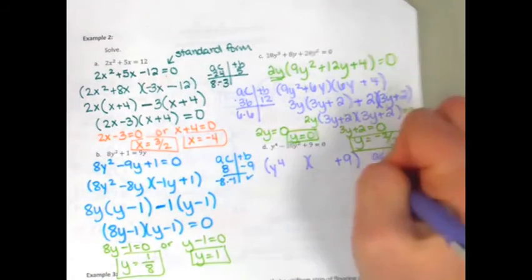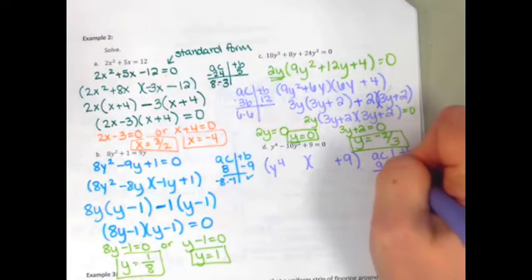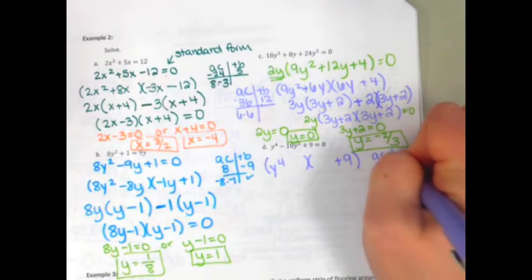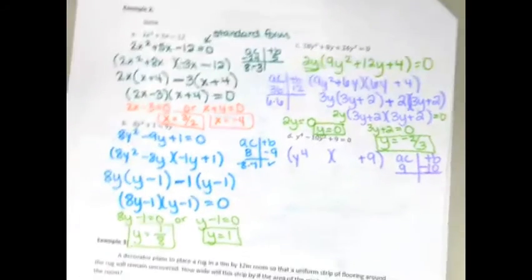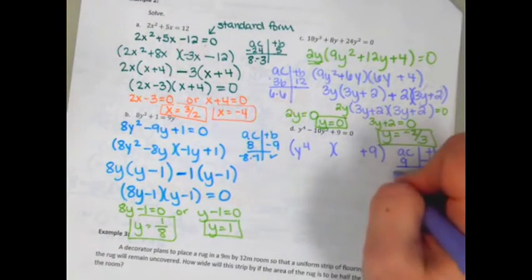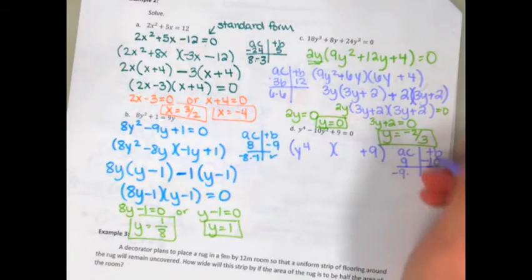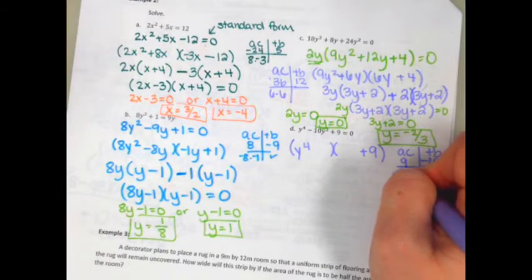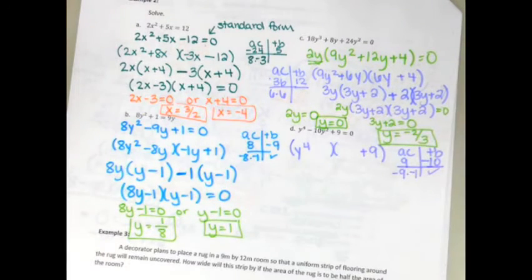A times c is 9, and what's my b? Negative 10. So what times what is 9 that adds to be negative 10? How about negative 9 and negative 1, right?